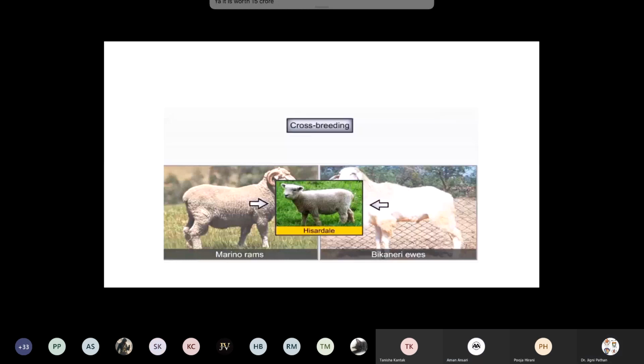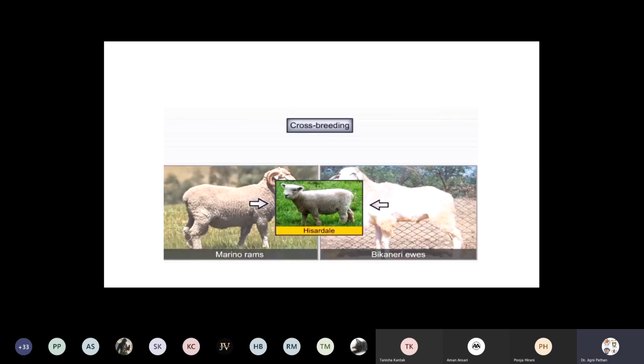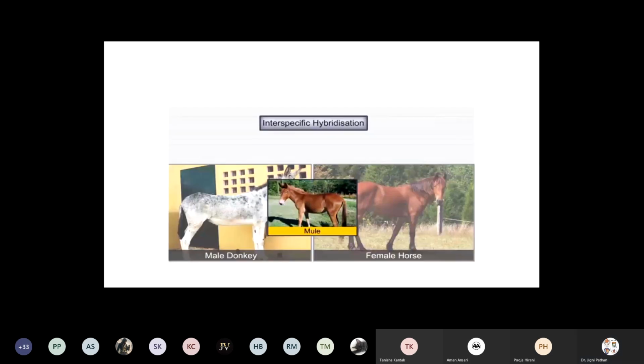Yes. Okay. Mm-hmm. And then why it is so much? Because it's a crossbreed. Yes, ma'am. Maybe because of that. Acha, acha, acha. Mm-hmm. Okay. Is this clear? Examples are clear to everyone? Okay. Next. You are done.